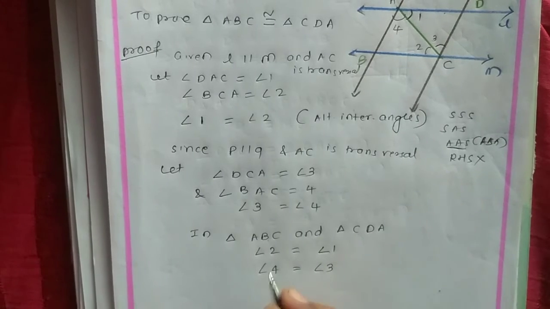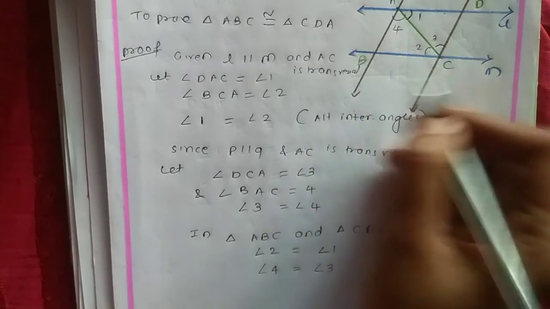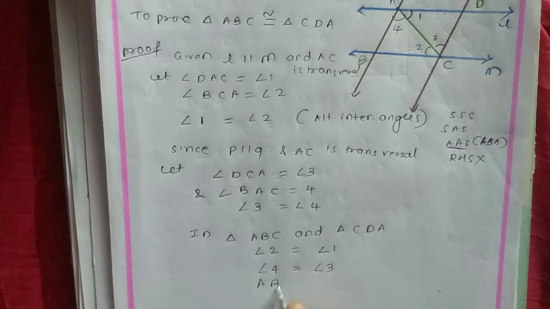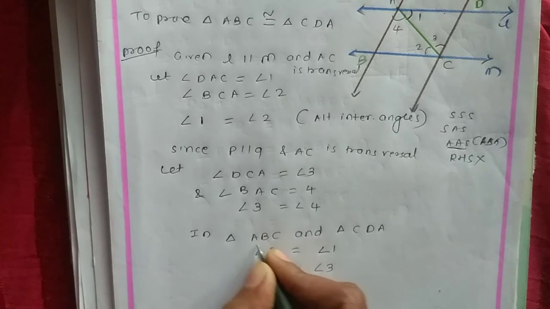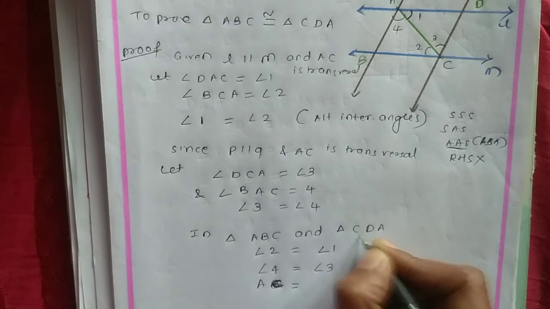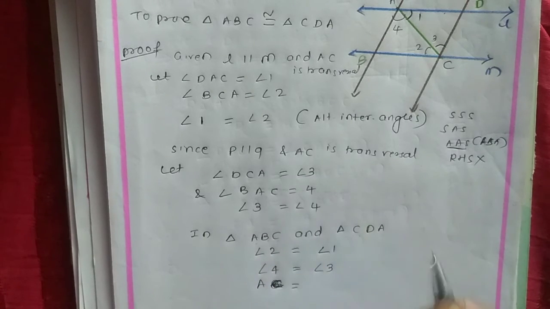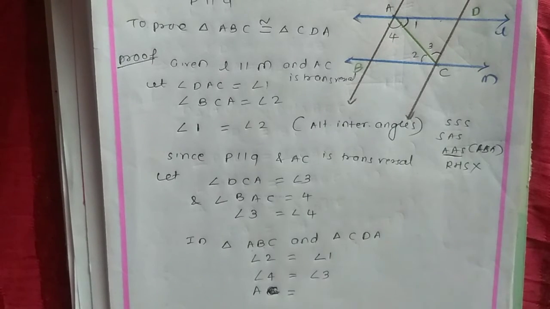And now see here, in triangle ABC, AC is a common part, see AC and here CA. So don't write AC equals AC. You have to match the corresponding parts. It means vertices also you have to match.